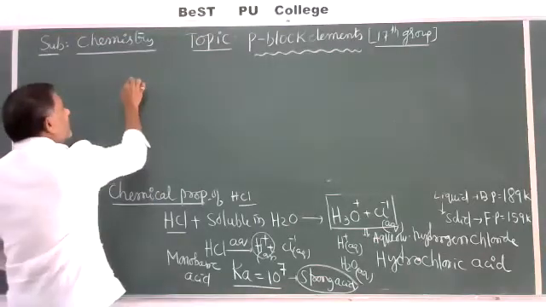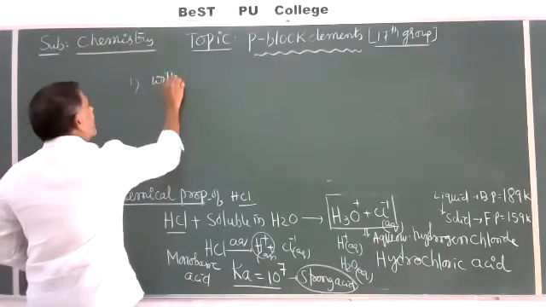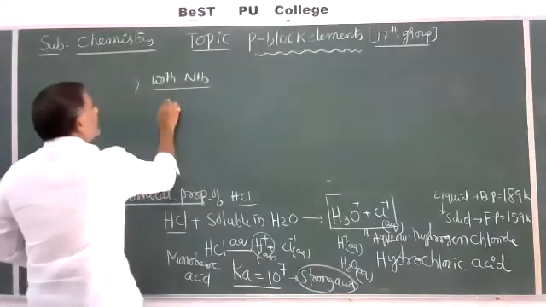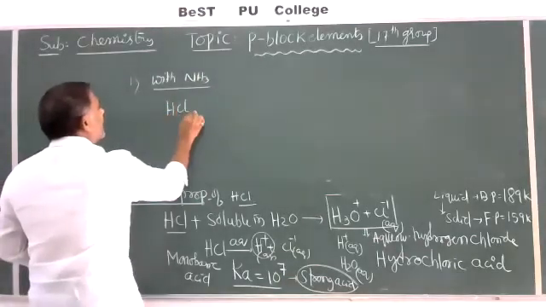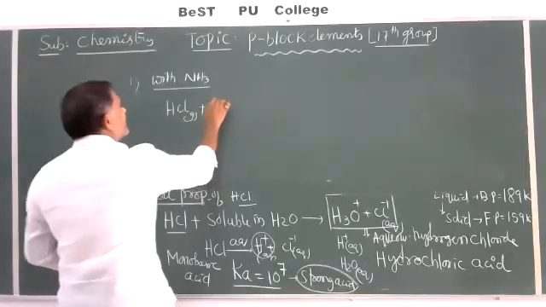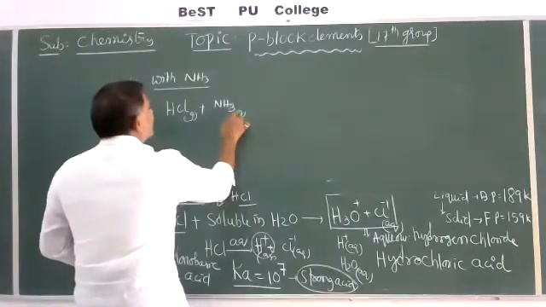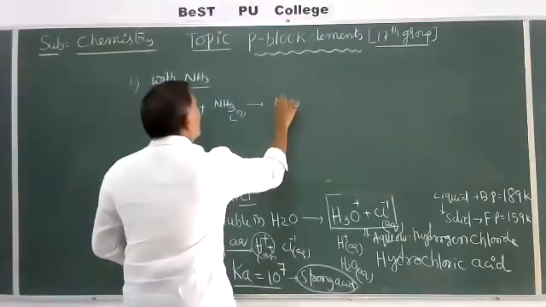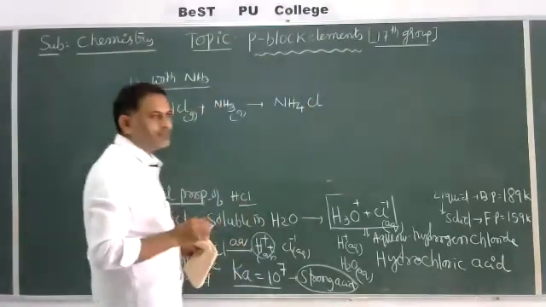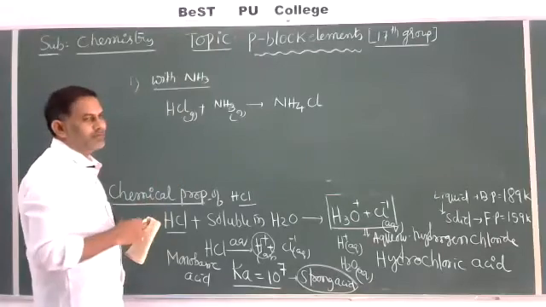HCl in the gaseous state reacts with NH3 gas to form ammonium chloride, NH4Cl.